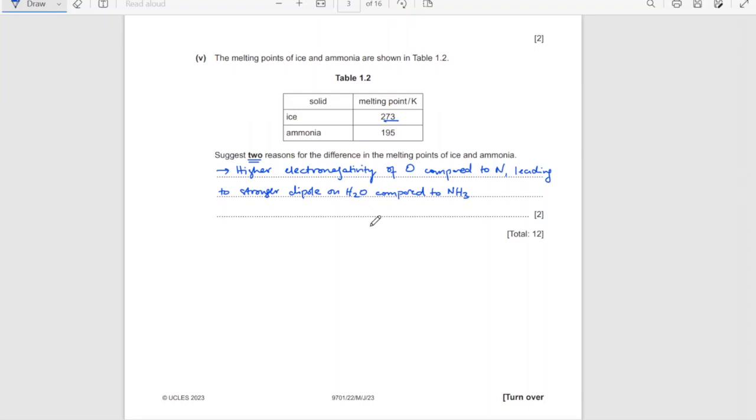only has one lone pair on the nitrogen. So, as a result of that, you're going to have more extensive hydrogen bonding in H2O. All right, so I'm going to write this as that each H2O forms two hydrogen bonds.